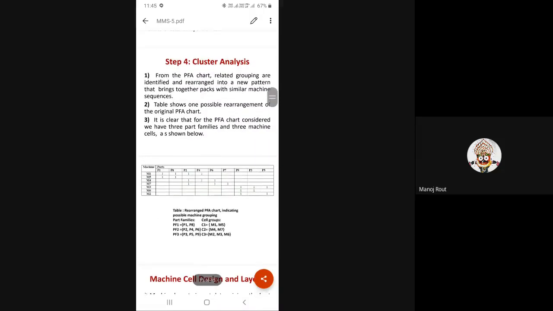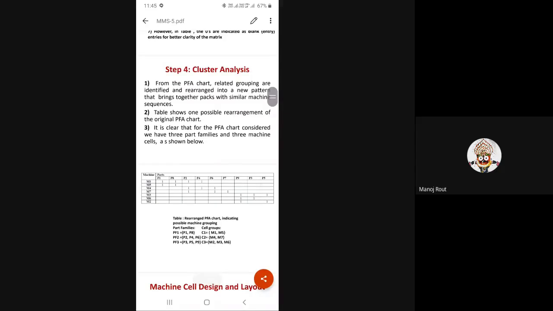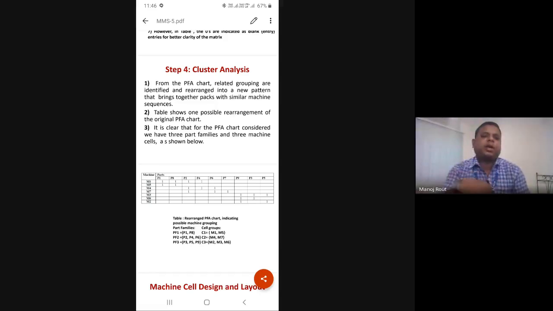In the product flow analysis, it is directly related to grouping and identifying the rearrangement of new machines in a pairwise manner.